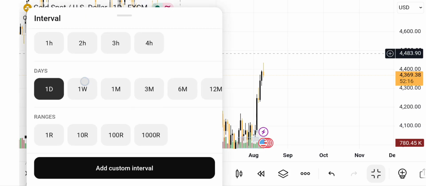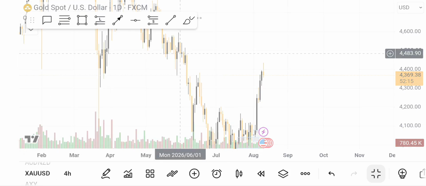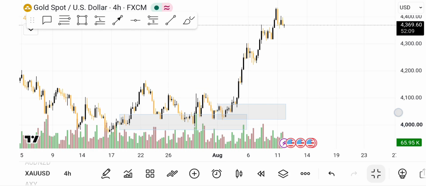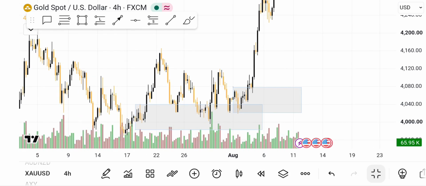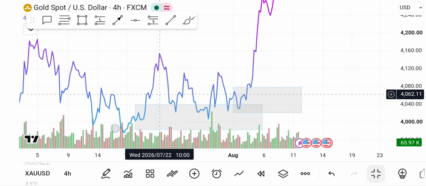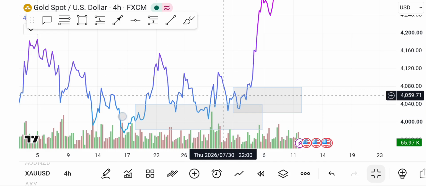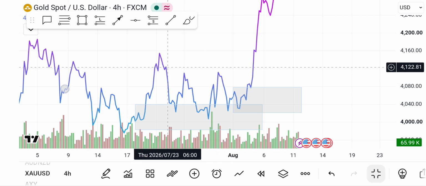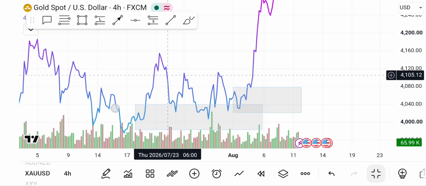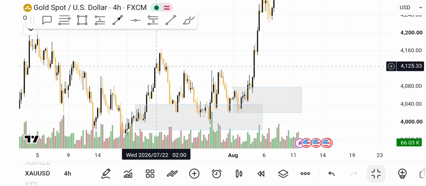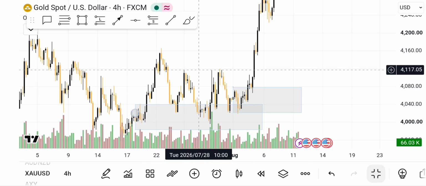So moving to 4 hours. If you notice, this is a buy zone. This is a sell zone that was being respected until it was broken by this large candle.